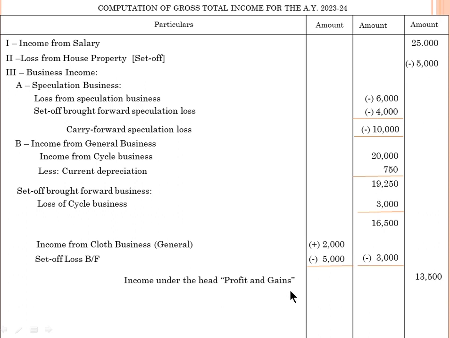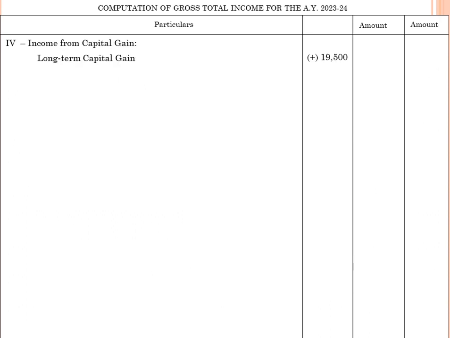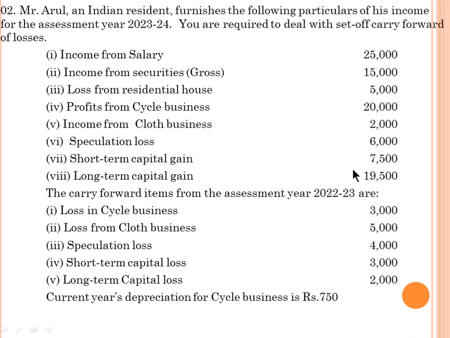We move on to the income from capital gains. Now we look into the question. Short term capital gain is 7,500, long term capital gain is 19,500, short term capital loss 3,000, and long term capital loss 2,000 rupees. Now we move on to the answer.